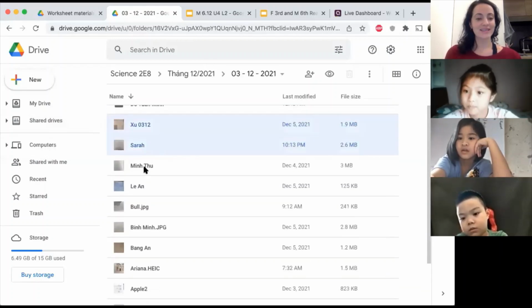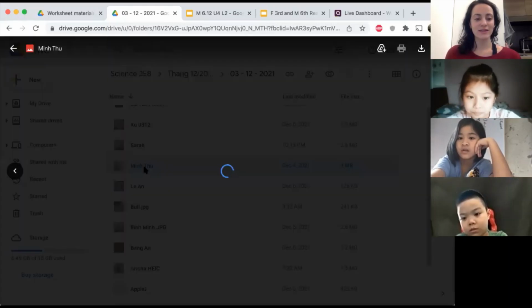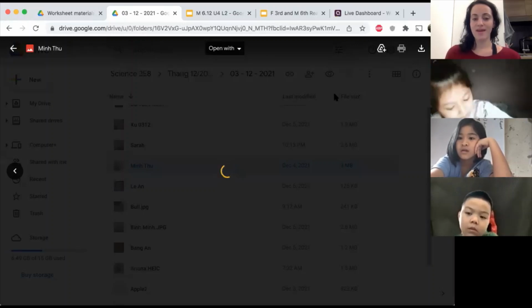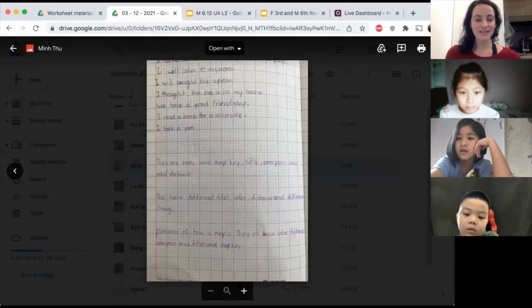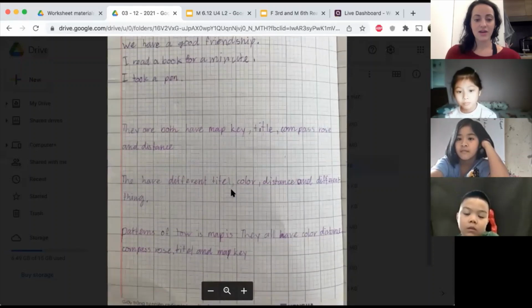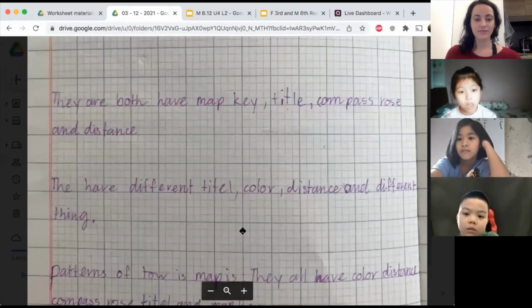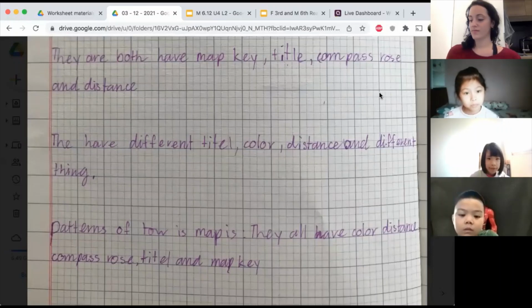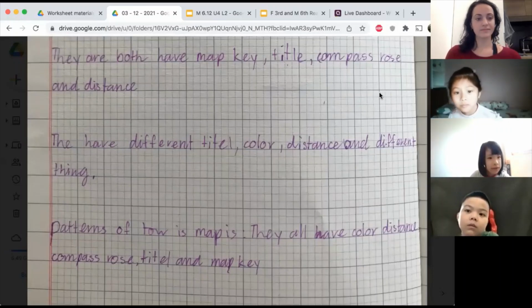All right, let's take a look at some more. Here's Ming Tu. All right, go ahead and read your answer, Ming Tu. They both have map key, title, compass rose, and distance.